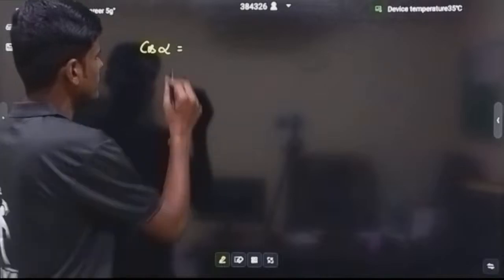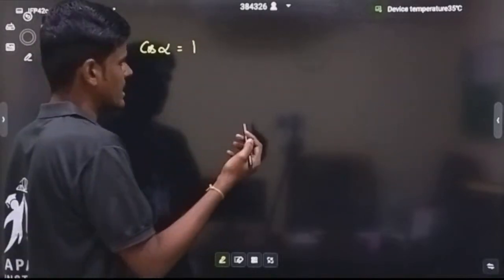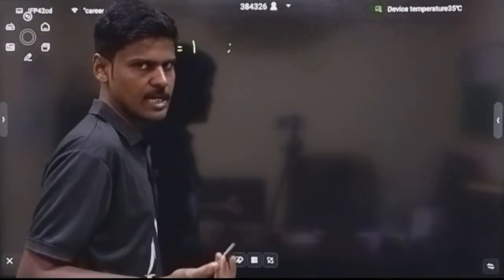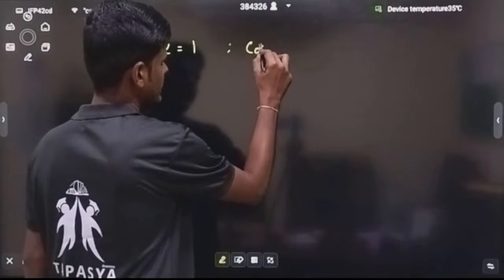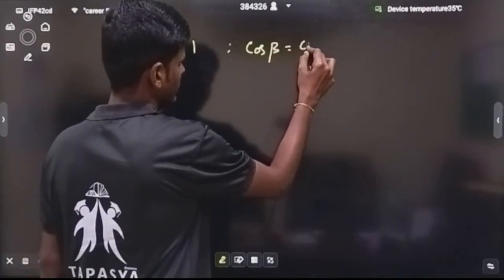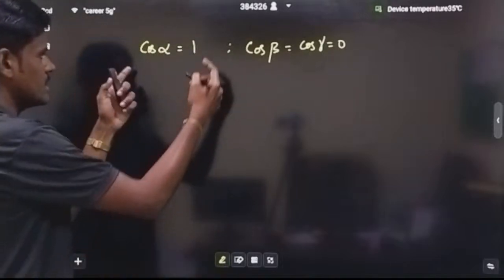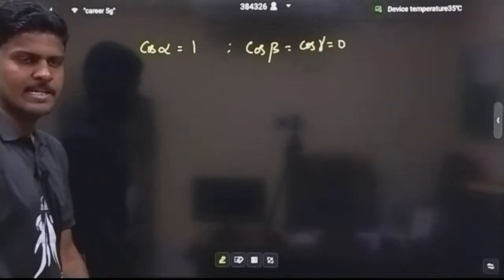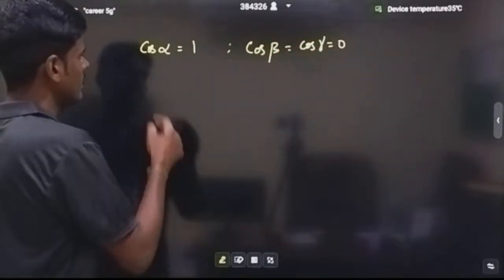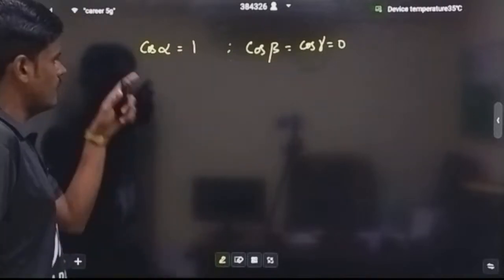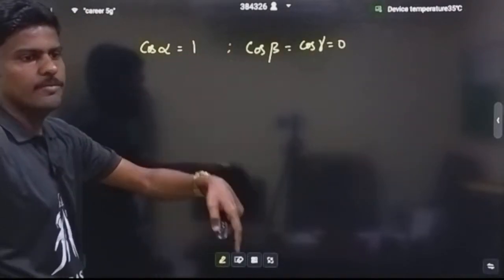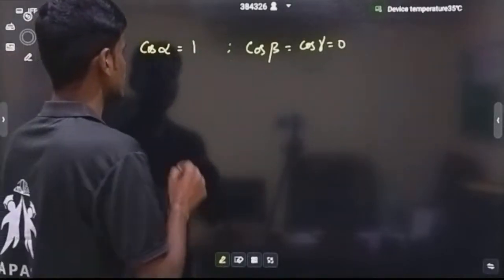Take cos alpha equal to 1, cos beta equal to cos gamma equal to 0. Obviously, cos square alpha plus cos square beta plus cos square gamma will be 1. So this type of vector will lie in this space.